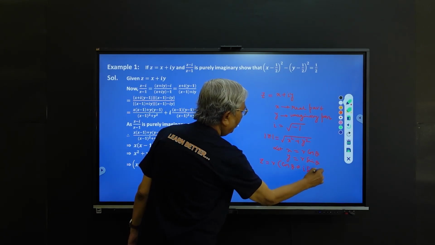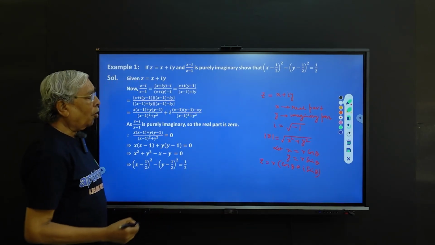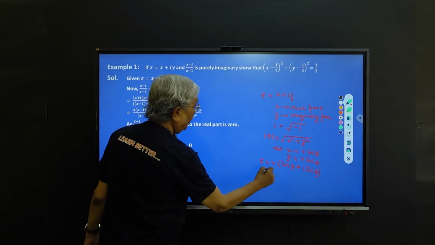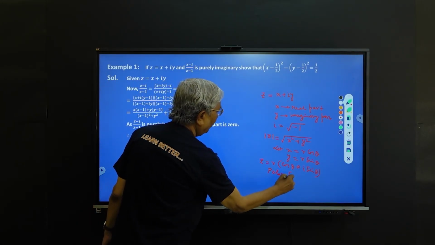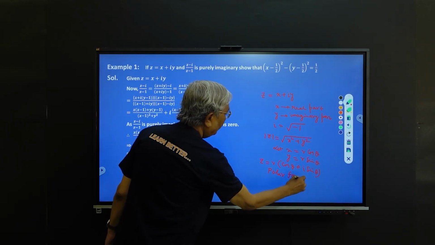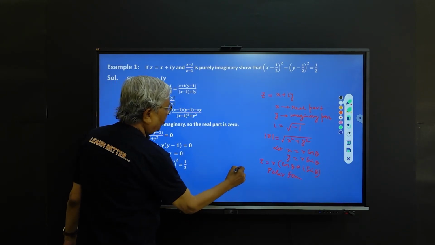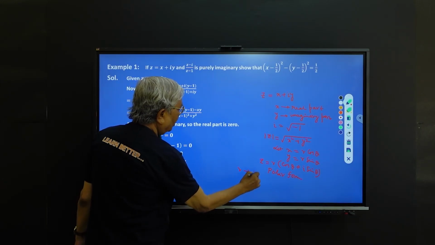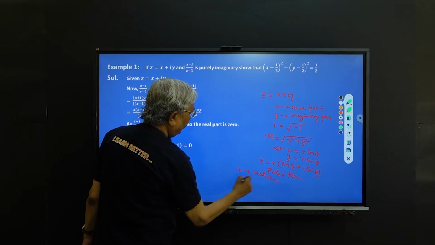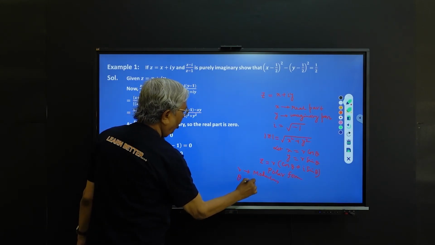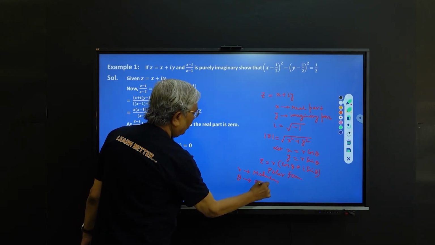This form is known as the polar form of the complex number. Here r is the modulus in this form, and theta is the argument or amplitude.